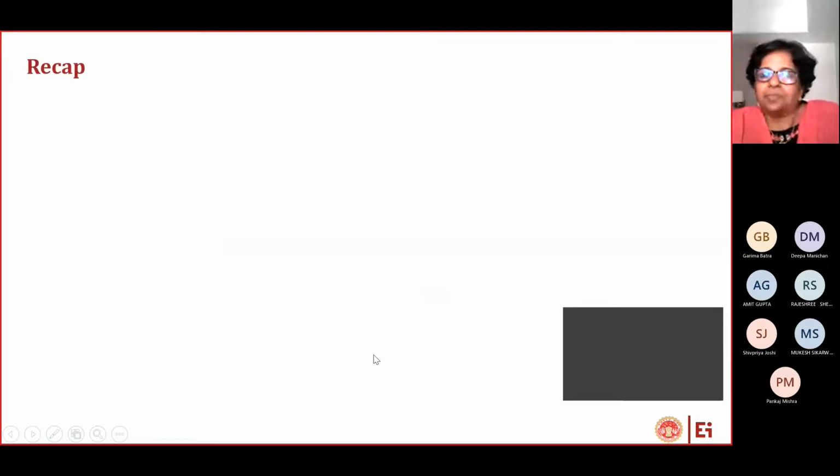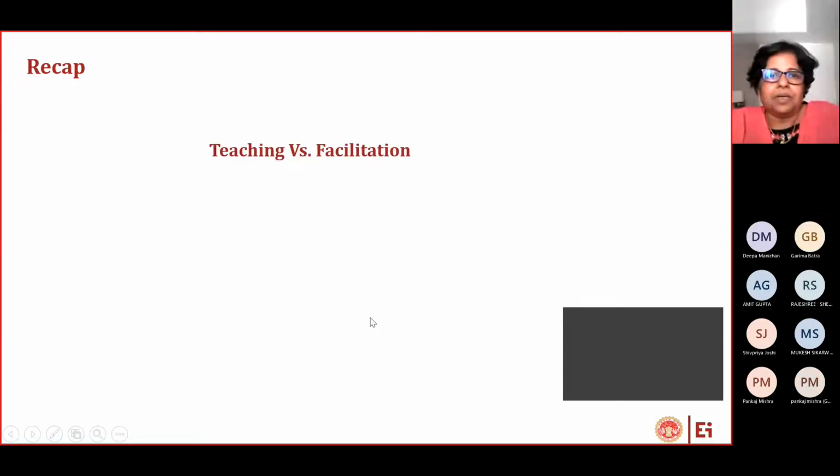So, recap of what we learned in the last session. Let's go through the key points from that session. The one main thing we learned about was teaching versus facilitation. All of you have been teachers and some of you have facilitated. We will just go through it very quickly. I'm sure you know the difference.